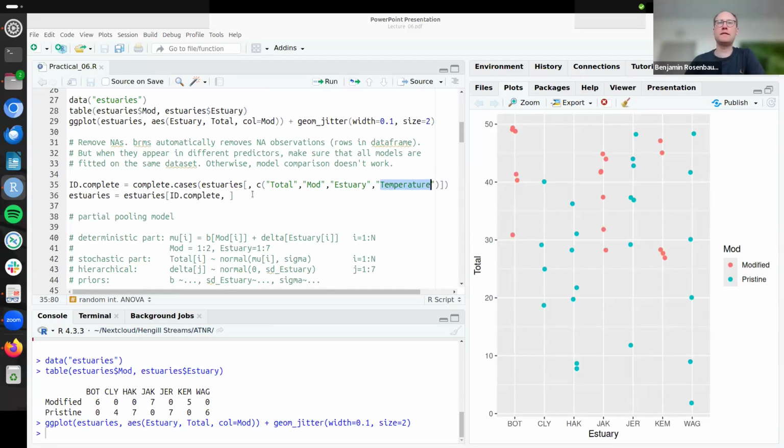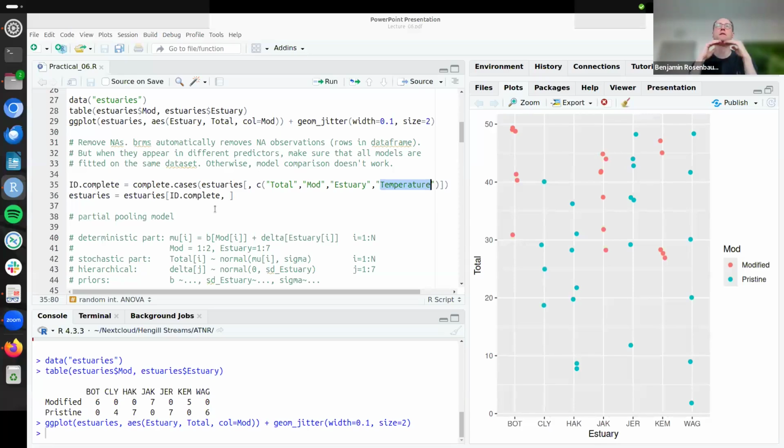Some observations have NAs, but not in all the variables. BRMS will exclude any row in the data frame which has an NA, no problem.